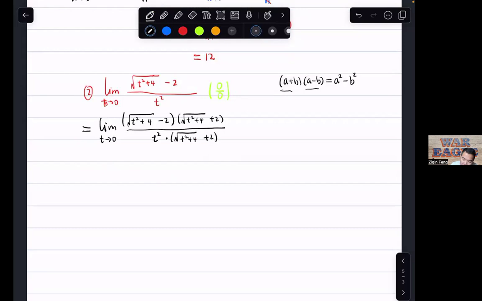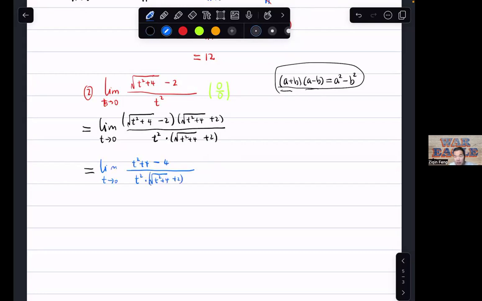By applying our formula, in the numerator, as t goes to 0, this is t squared plus 4, because the square root, when squared, gives the term inside, then minus 2 squared, which is 4, over t squared times square root of t squared plus 4 plus 2.